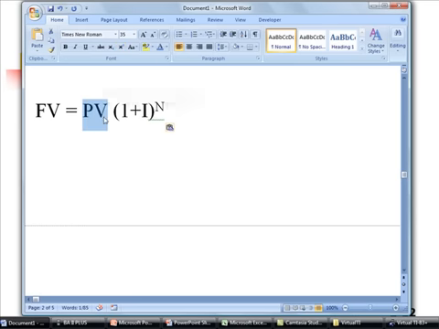The first thing we've got to do, as before, is go ahead and divide out this present value. So it goes away from this side because it was multiplied, and then on this side of the formula it's now divided. Alright, so now I've got future value over present value equals 1 plus I to the n.